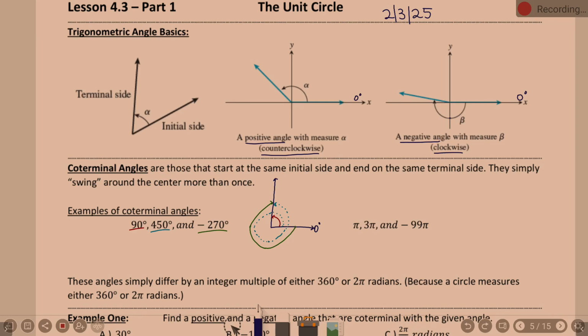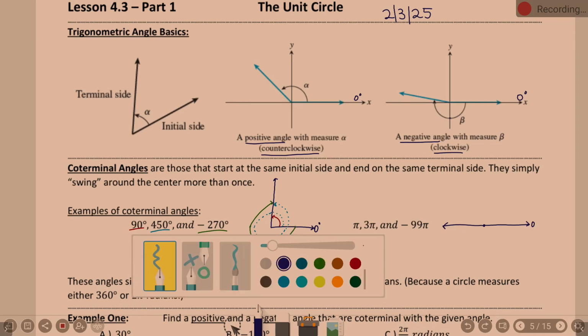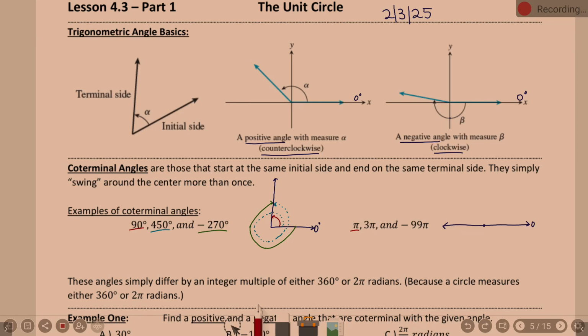So, there's my 0 to get me started, right? And then when we talk about pi, it is basically 180 degrees. So pi is halfway around the circle, yes?